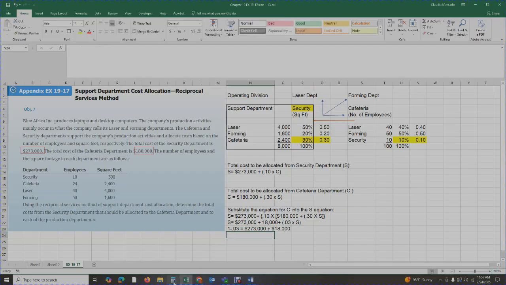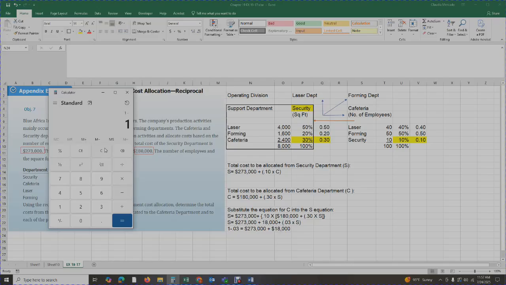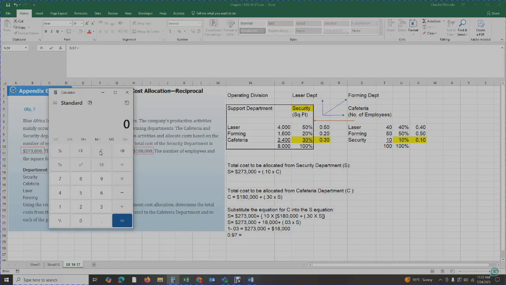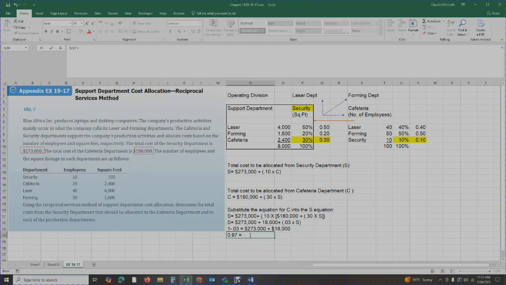So let's see. 1 minus 0.03 gives you 0.97. So we're going to do 0.97, and that's going to equal 273 plus 18,000, which gives me 291,000. And this is 0.97 S, because we're solving for S.